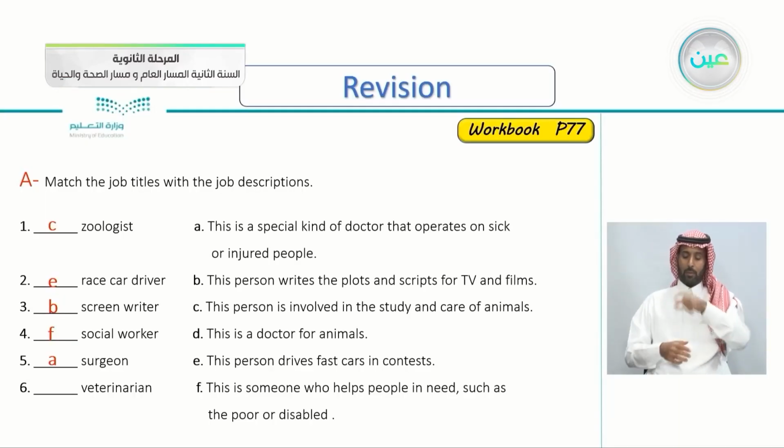Last one, the veterinarian. Of course, the last one is D. This is a doctor for animals. So 5 and 6 both are doctors. One who works with animals, the veterinarian, and one is a special kind of doctor that operates on sick or injured people.